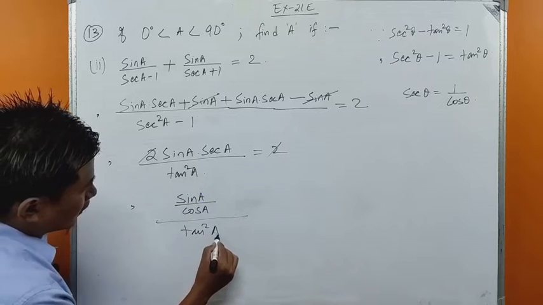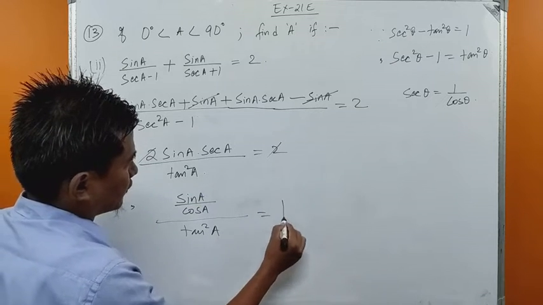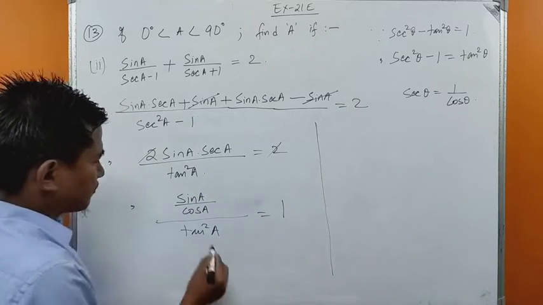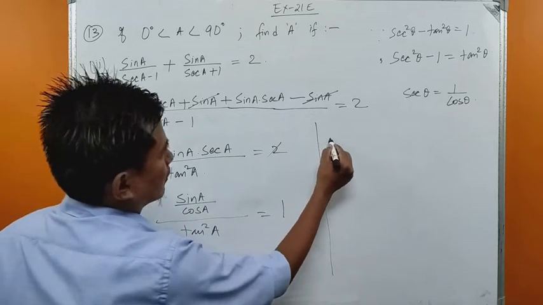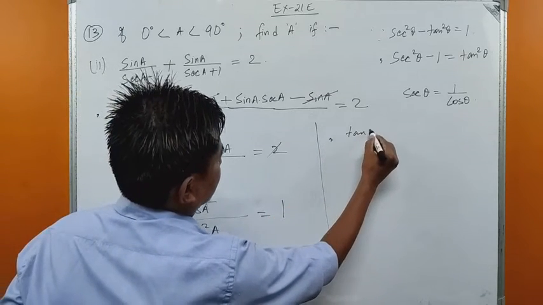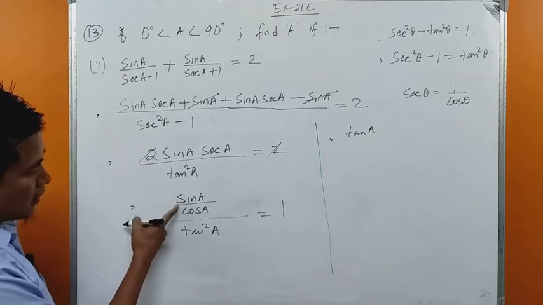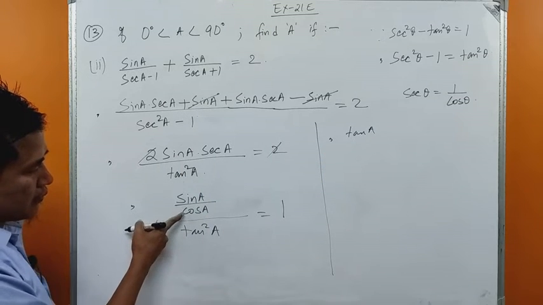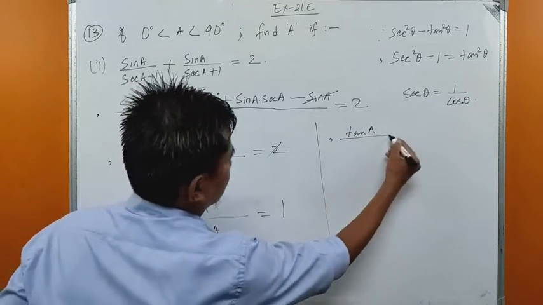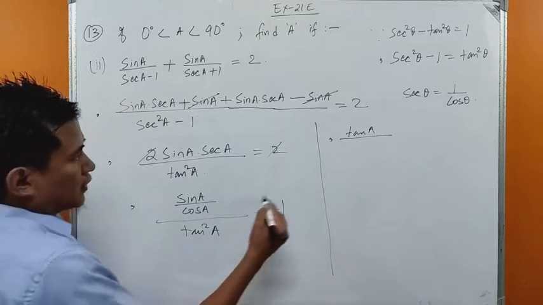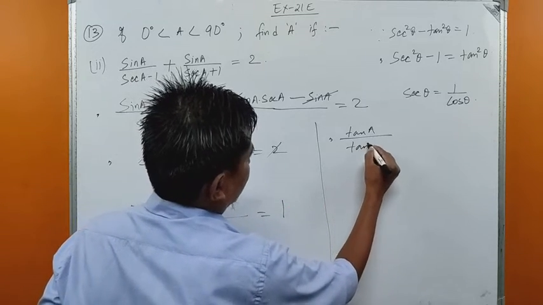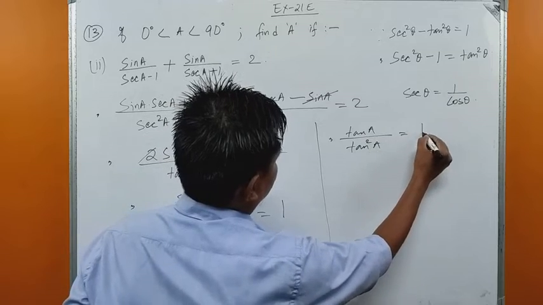Tan square A equals to 1. Now let me continue here. Sin A by cos A means tan A. Sin theta by cos theta is tan theta, okay? So sin A by cos A is tan A, whole upon tan square A equals to 1.